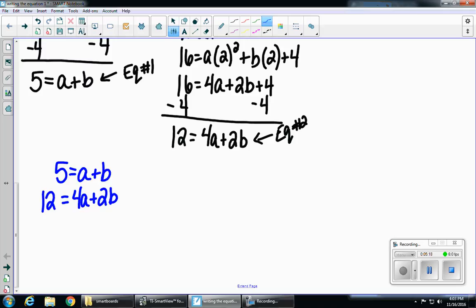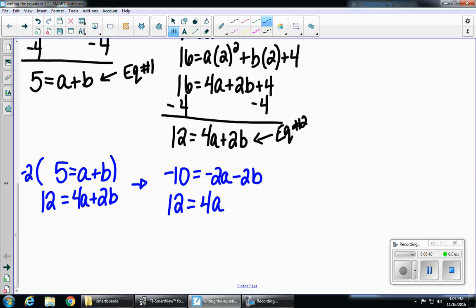Right now, neither my a's nor my b's cancel, so I'm going to multiply my top equation by -2, which means each piece inside gets multiplied by that -2. So that new equation becomes -10 equals -2a minus 2b. The second equation I'm not changing, so I'm just going to recopy it.